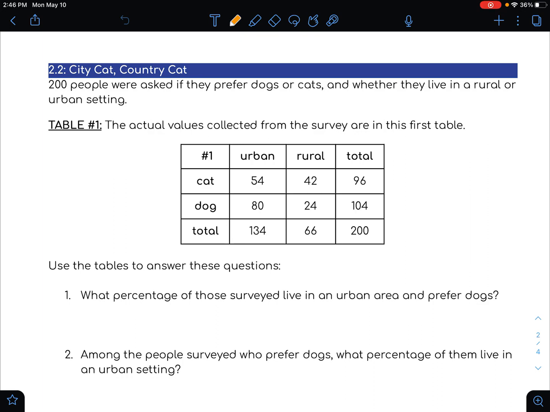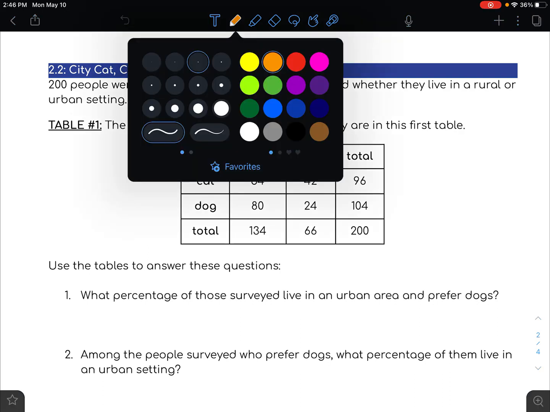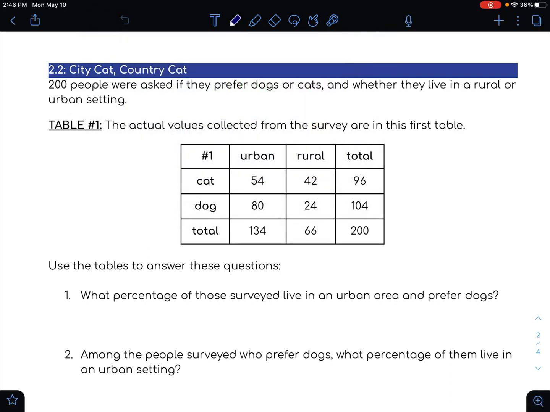We have a two-way table, and remember in two-way tables, generally we're comparing two variables. So in this case, maybe we can call this variable over here pet preference, if I can spell correctly. And then we have where people live on the top here.